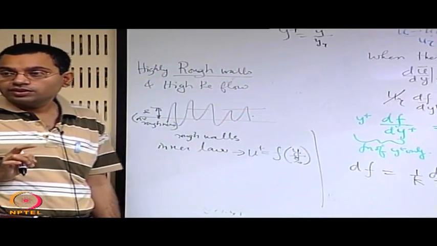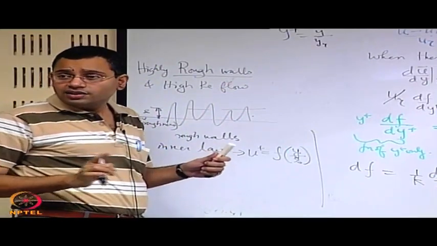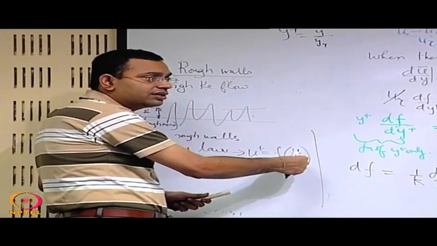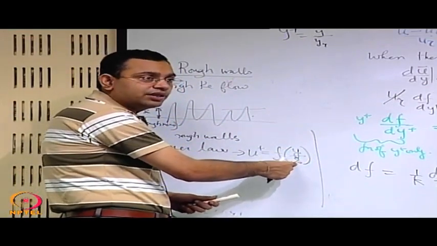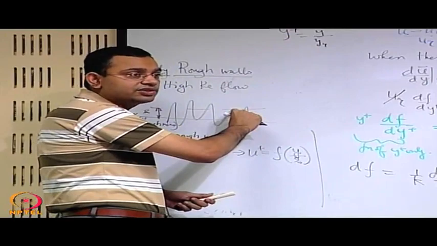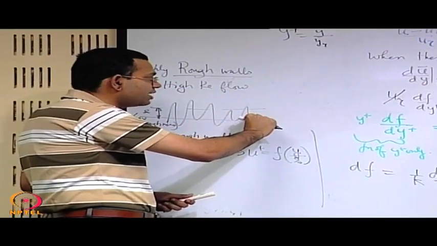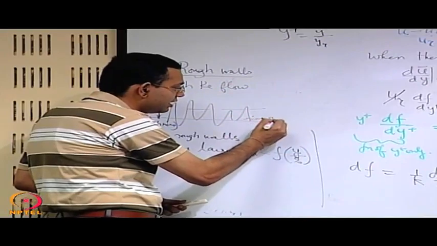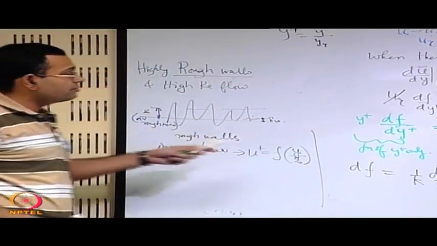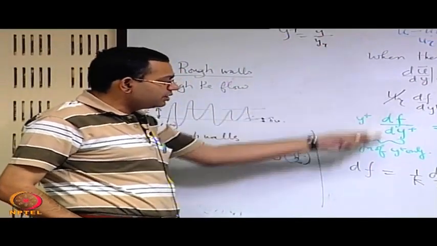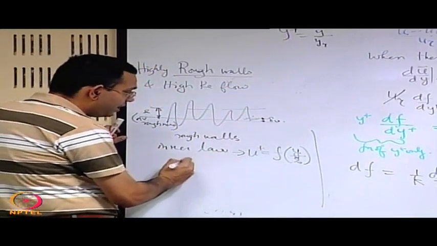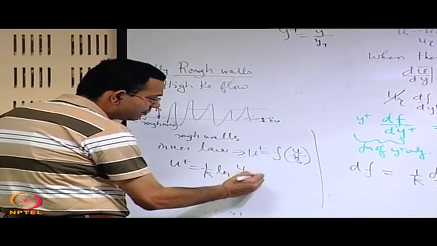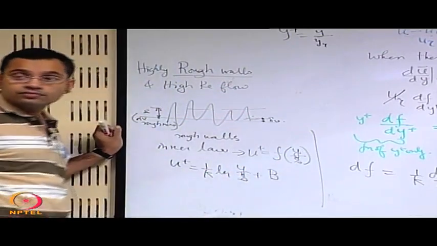The reason is clear: because of this extreme roughness it is not the viscous length scale that comes into the picture, but the wall roughness length scale that dominates. Very high Reynolds number makes the viscous sublayer very thin, maybe this is its thickness, say delta V. Now if you use the same form, you will get u plus is equal to 1 by k ln y by s plus another constant, say b.